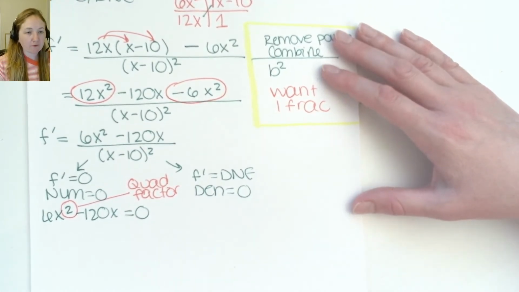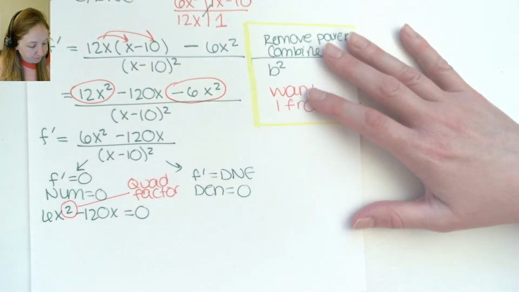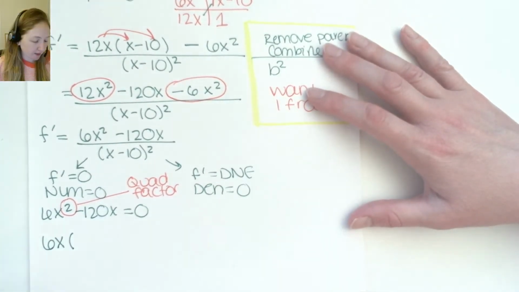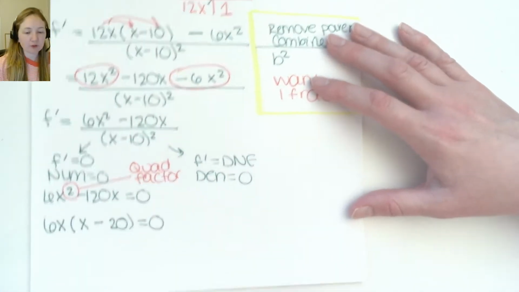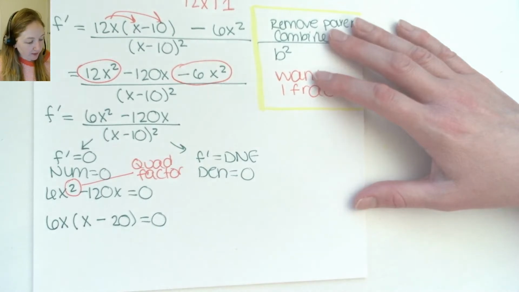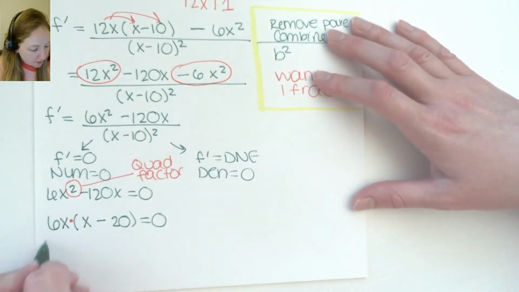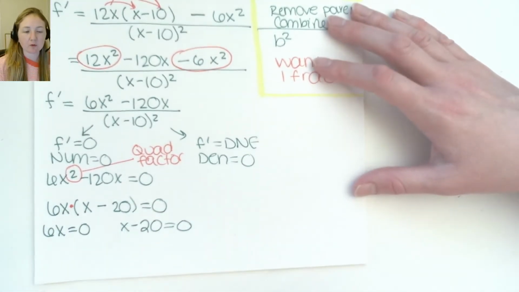So because that highest power is 2, I need to factor. When I factor, I first think about what is the GCF. So my GCF here would be a 6x. If I take out that 6x, I will be left with x minus 20 equal to 0. Now, we then set each of those factors equal to 0. So set the 6x equal to 0 and the x minus 20 equal to 0.